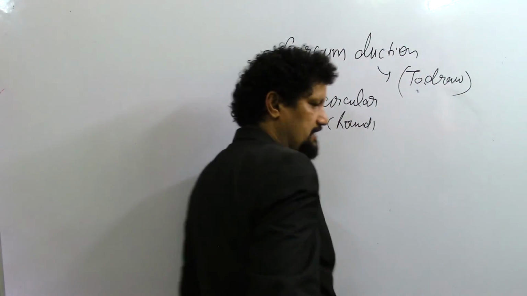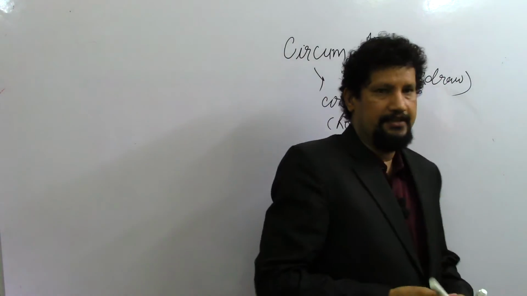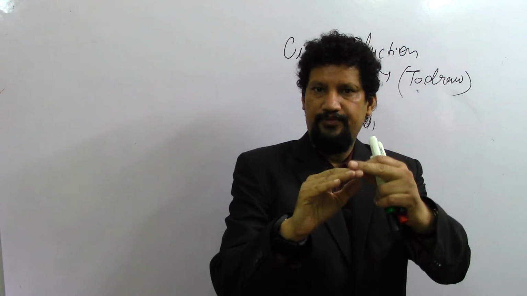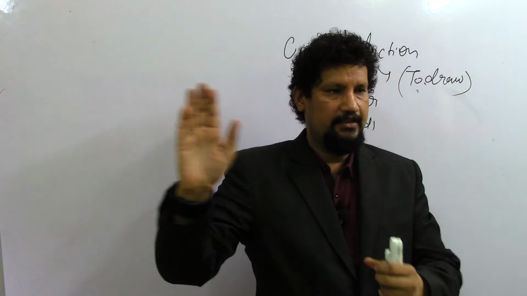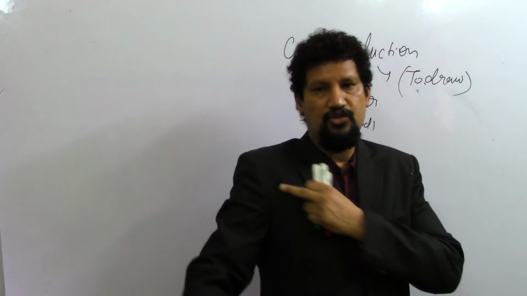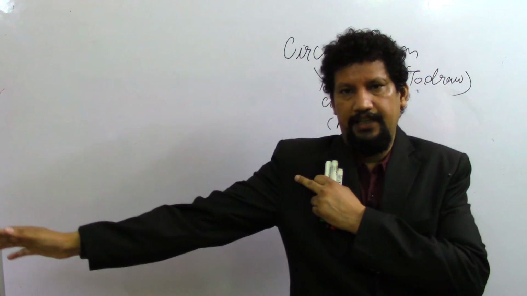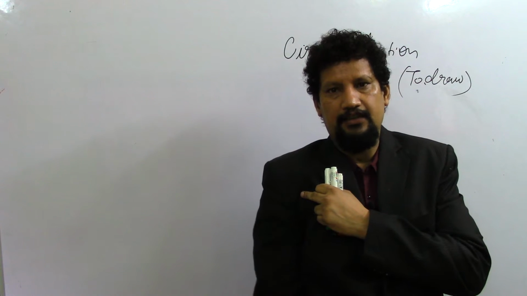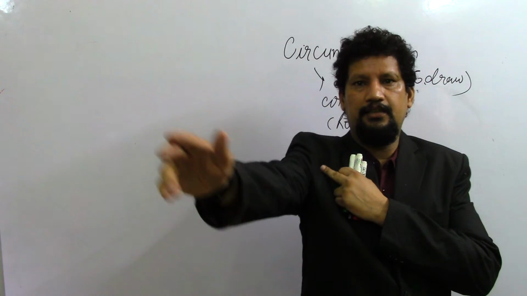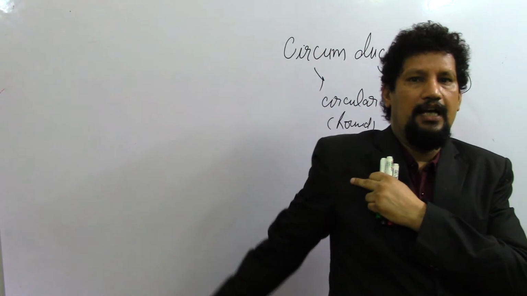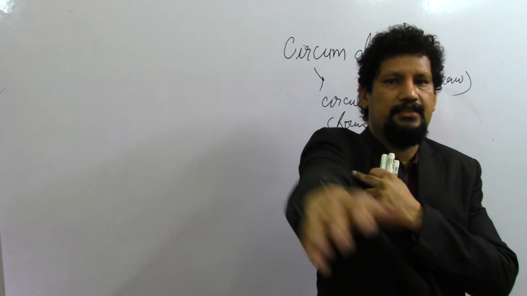So movements occurring in a circular manner, or I can say a cone shape. The cone is formed by the distal part of the moving part, and the apex of the cone is formed by the joint. So the combination of four movements, that is adduction, flexion, abduction and extension, is known as circumduction.